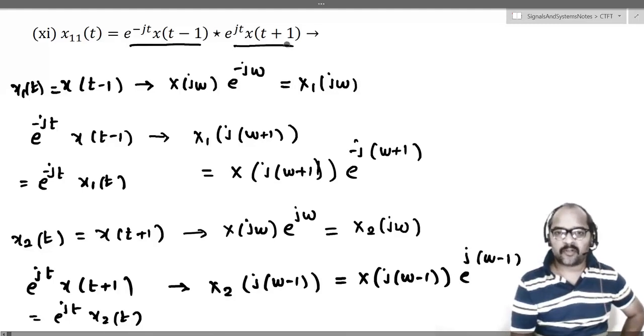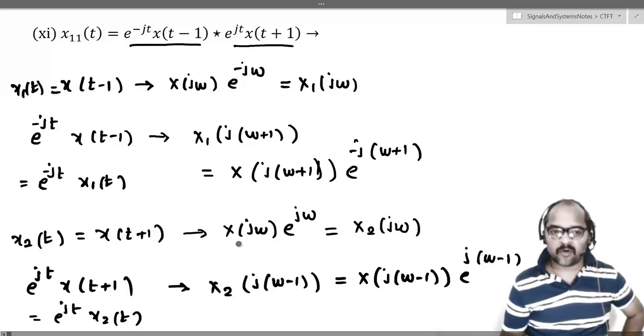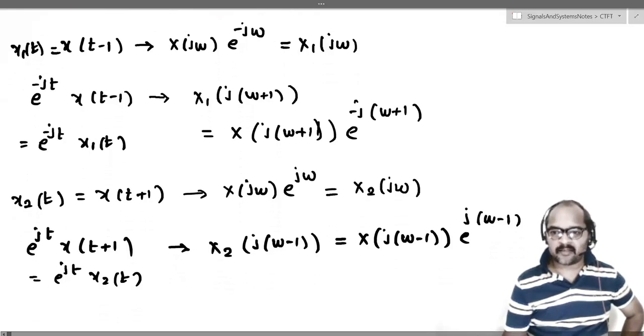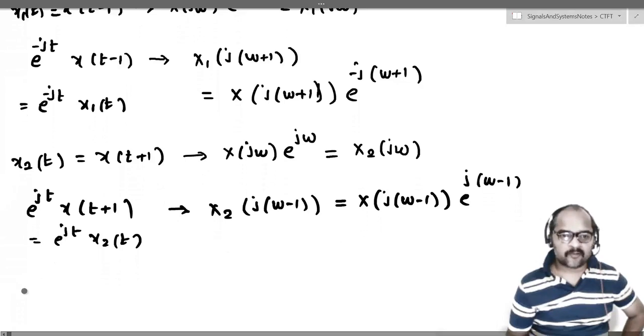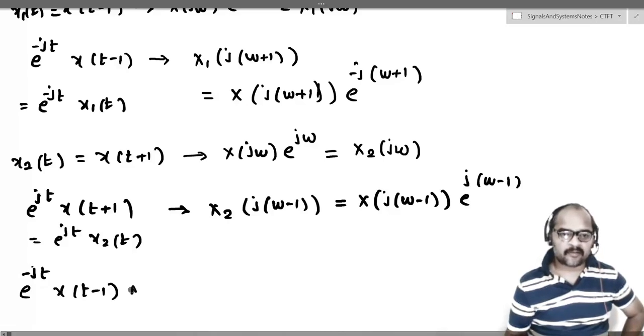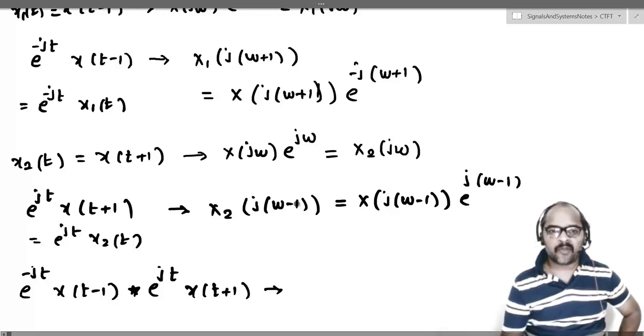So we got the Fourier transform of these two. Now what is the next step? They are getting convolved in which domain? Time domain, and hence finally what would be the answer? Okay, so we want the Fourier transform of the final signal. What is that? E power minus jt x of t minus 1 convolved with e power jt x of t plus 1. So this will have what as Fourier transform?